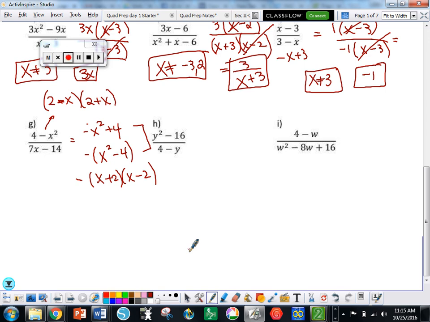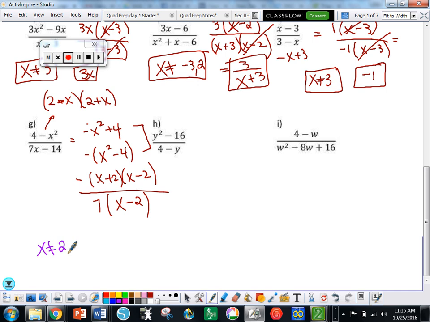Are we okay with the top? Okay, looking at the bottom, what can we factor out? 7. What are we left with? x minus 2. Now pause for a minute. What excluded values do we have? x cannot be 2.